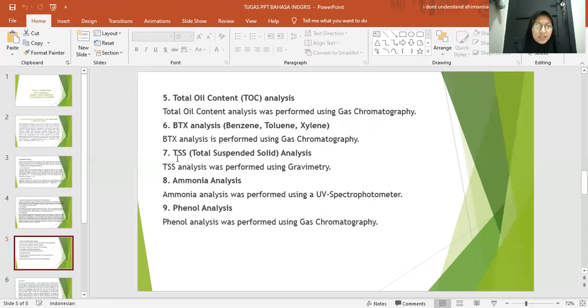Number 7, TSS, total suspended solid analysis. TSS analysis was performed using gravimetry. Number 8, ammonia analysis. Ammonia analysis was performed using a UV spectrophotometer. Number 9, phenol analysis. Phenol analysis was performed using gas chromatography.